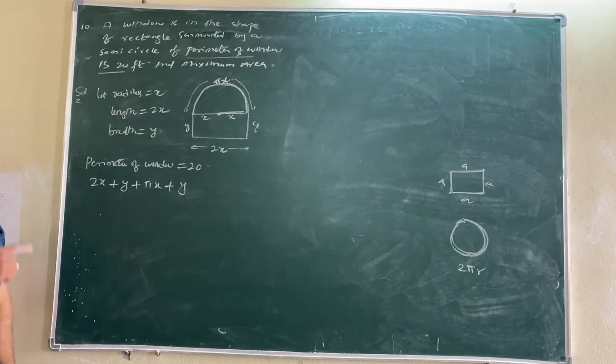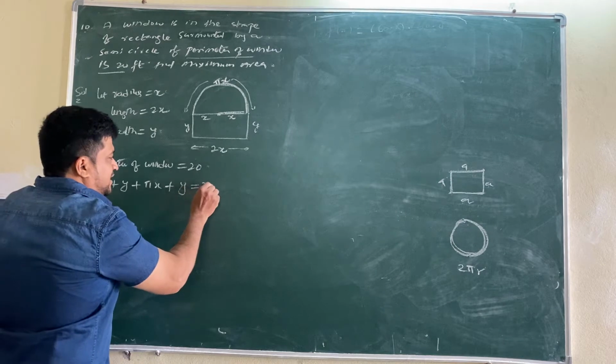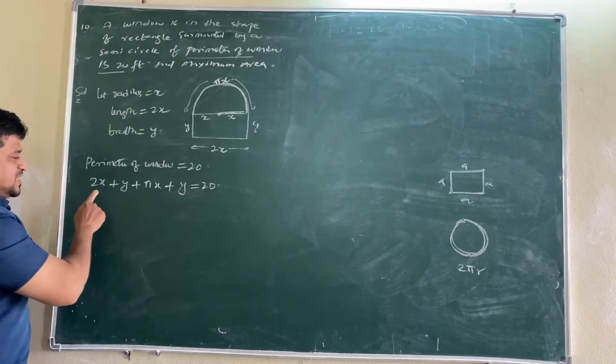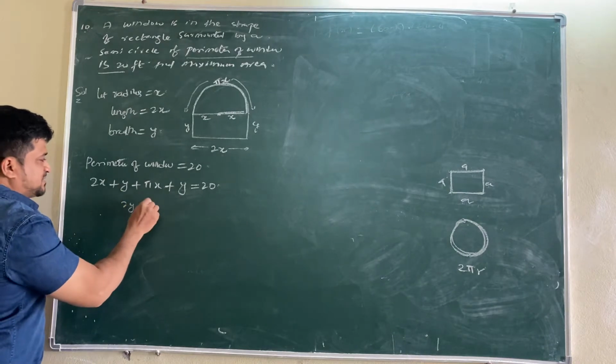So all the things combined equal 20, as they have given. Now how many x values are there? Count it: 2y plus 2x plus pi x.